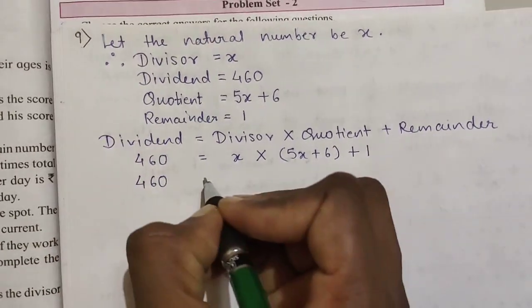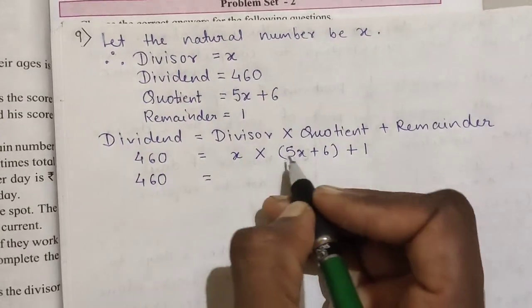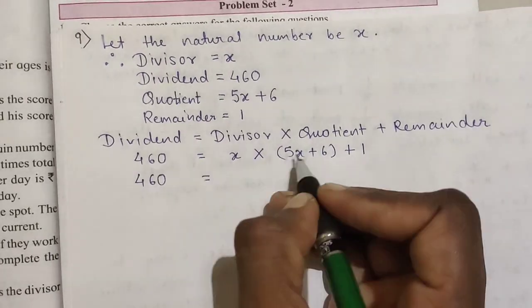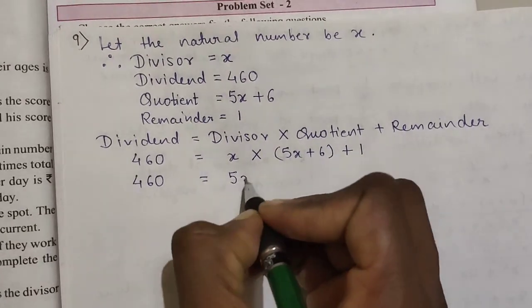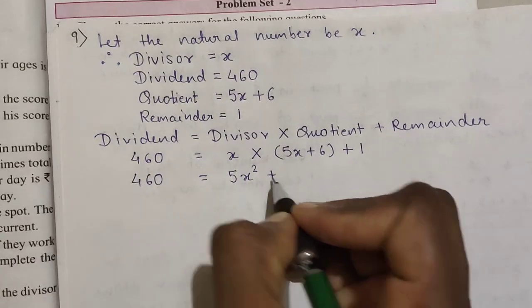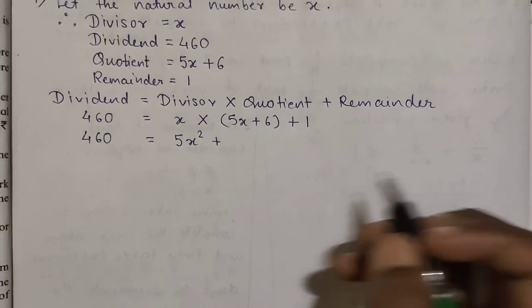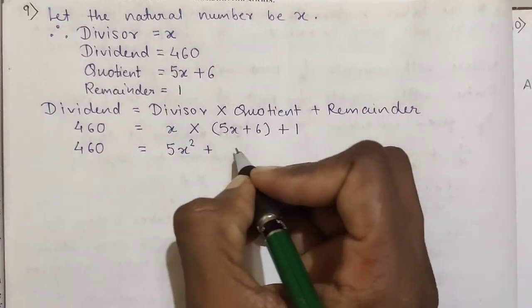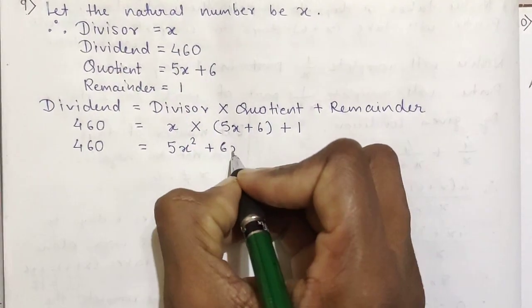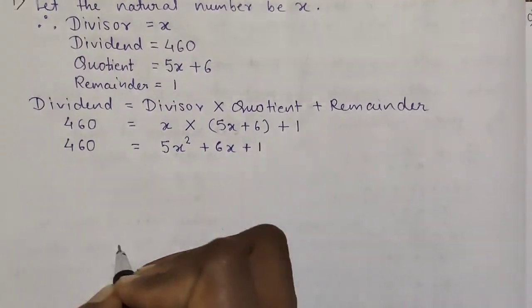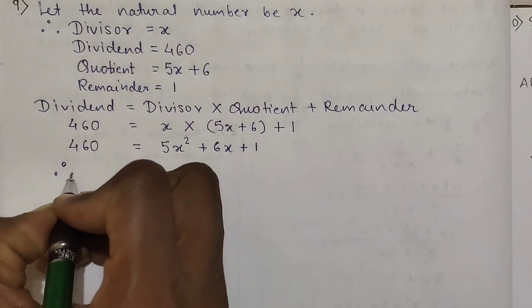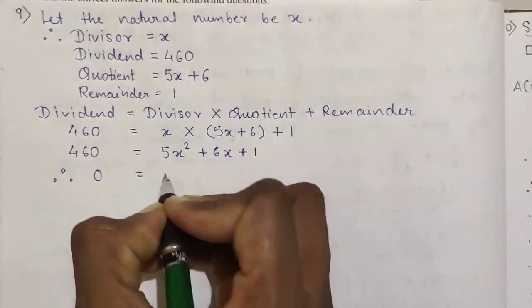Keep 460 as it is. Now multiply this x into this bracket. So if you multiply x into 5x, you are going to get 5x square, plus x into 6 gives you 6x, plus 1. Now let us transfer this 460 to right hand side.